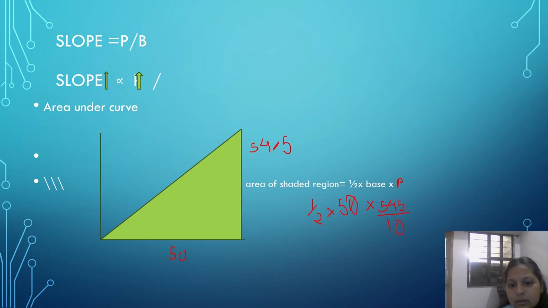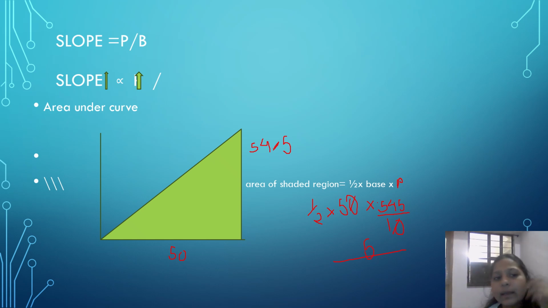Then cancel out 0 to 0. Then 5 5s are 25, 5 to carry, and so on. You will get this solved, and let me know the answers in comments.